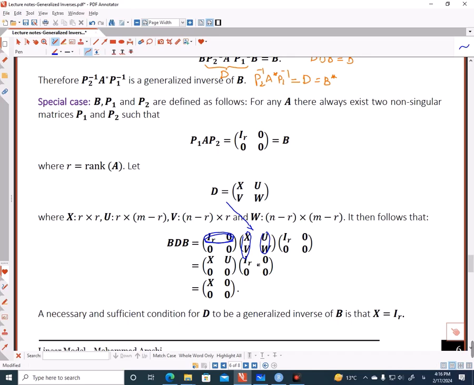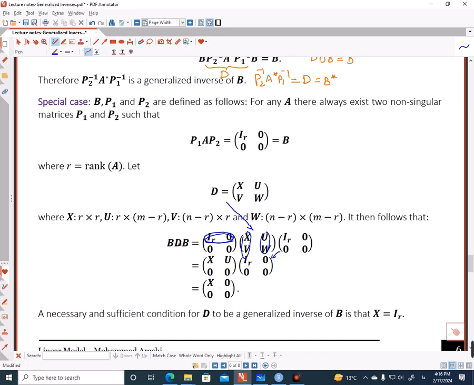For the first element, x multiplied by I_r plus U multiplied by 0 is equal to X. So BDB is equal to this matrix.